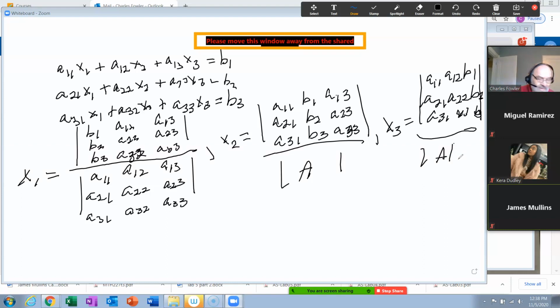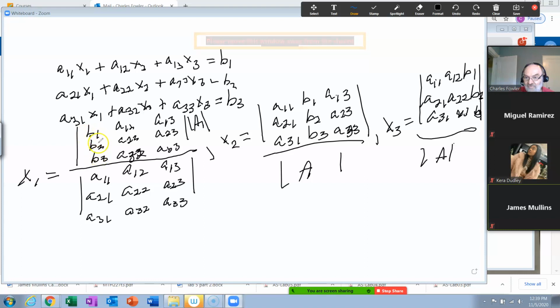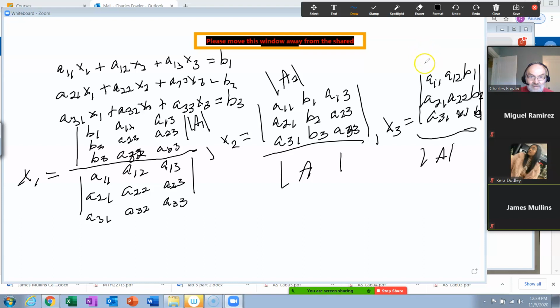Okay, now they have names for this. As I said, the bottom determinant is always going to be the determinant of A. The top one here will be determinant of A1. That's where you put the B1s instead of the X, or the first group here. They call this A2, which you put the B2s in the middle coefficients, and this one they call A3, where they put the B's in the third column.